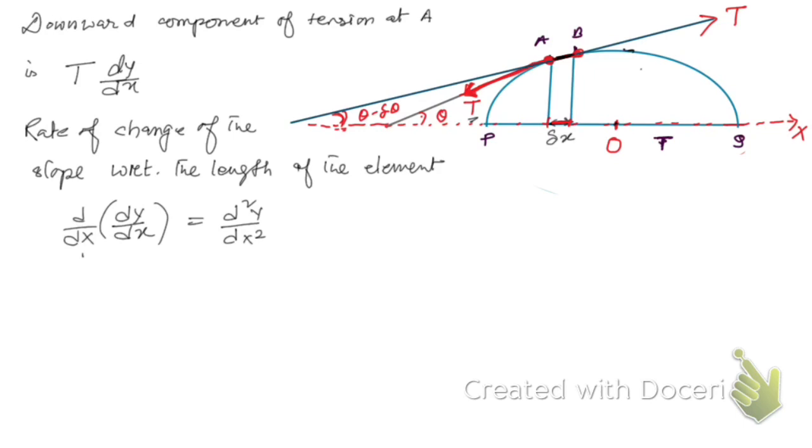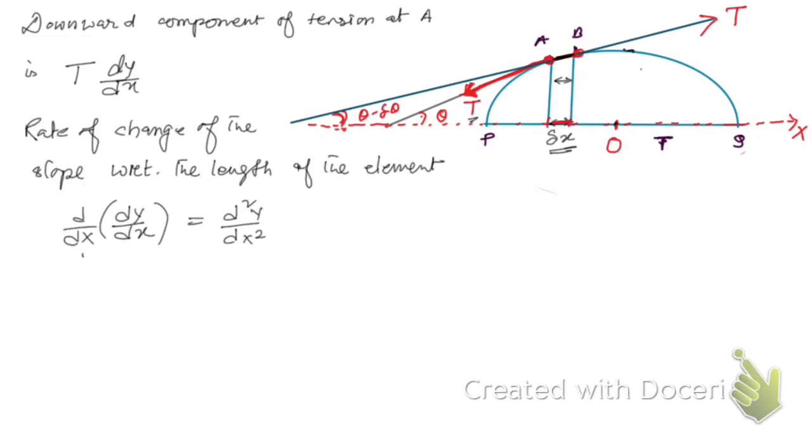So what will be the slope at B? Now you see, as this gives the rate of change of the slope, what will be the difference between the slope of the tangents at A and B?